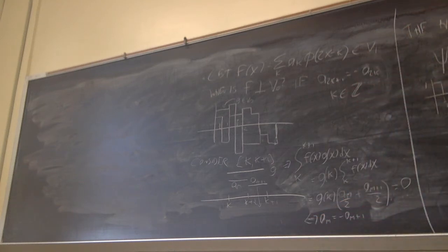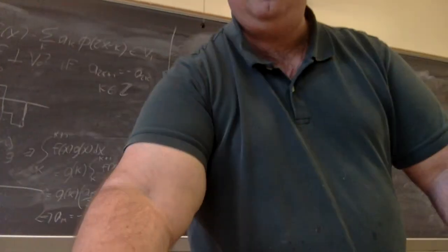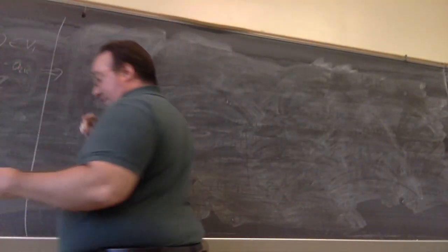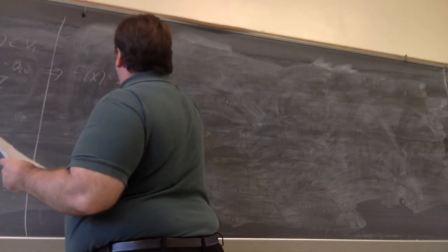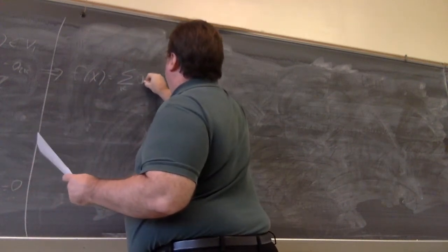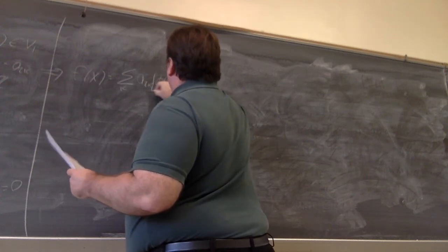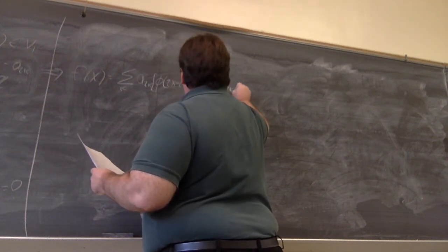So in that case, when f satisfies that condition, I can say f is equal to, I can just replace, I can have a2k times phi of 2x minus 2k minus phi of 2x minus 2k minus 1.